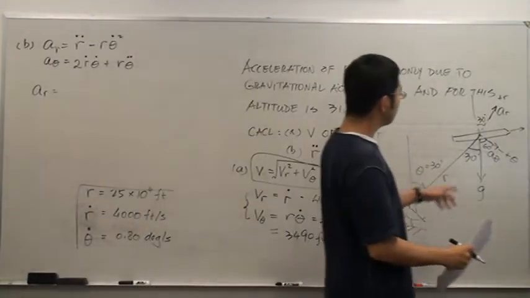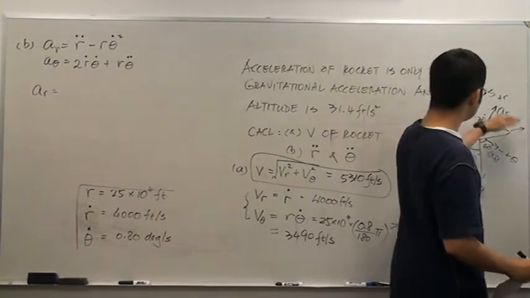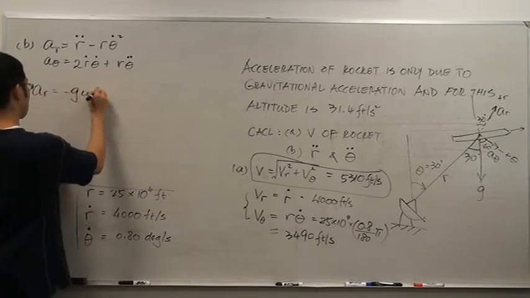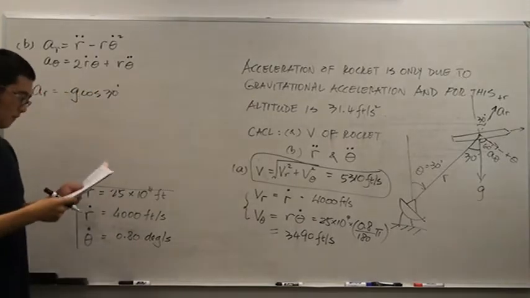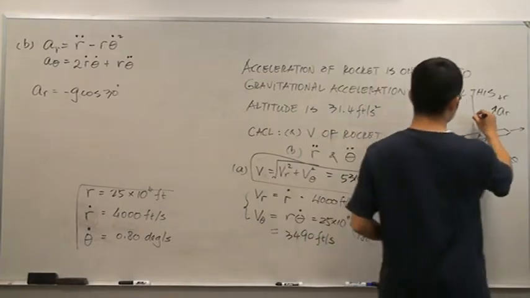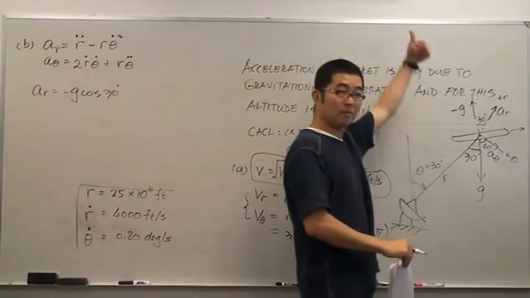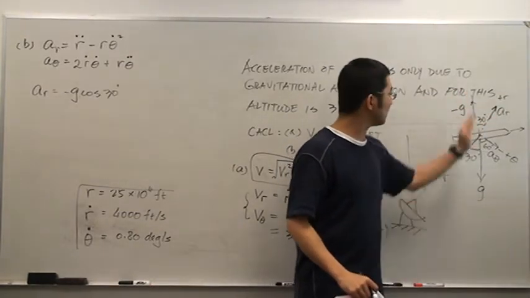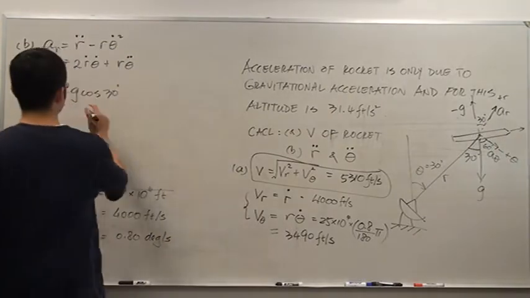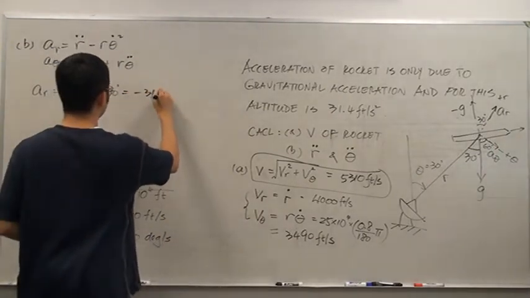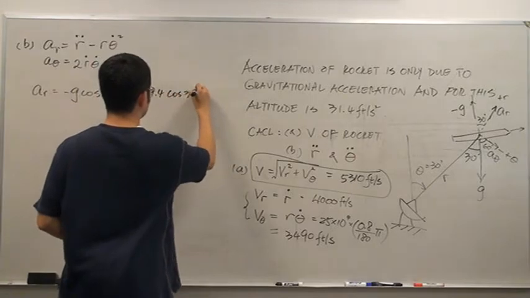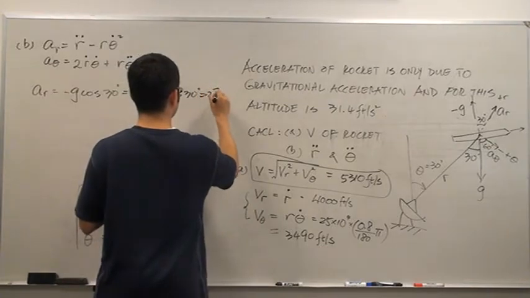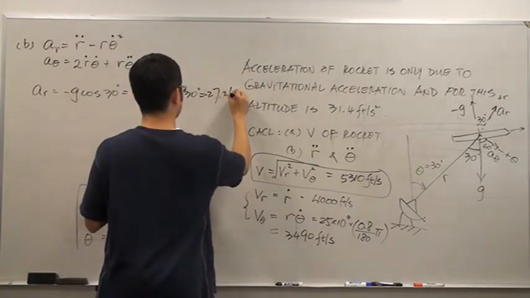AR is minus G cosine 30. This is my minus G, pointing up, because G is pointing down positive. Pointing up is minus G. If you resolve this in the R direction, you get AR. So AR is minus G cosine 30, so it's minus 31.4 cosine 30 degrees, and what you get here is minus 27.2 feet per second squared.